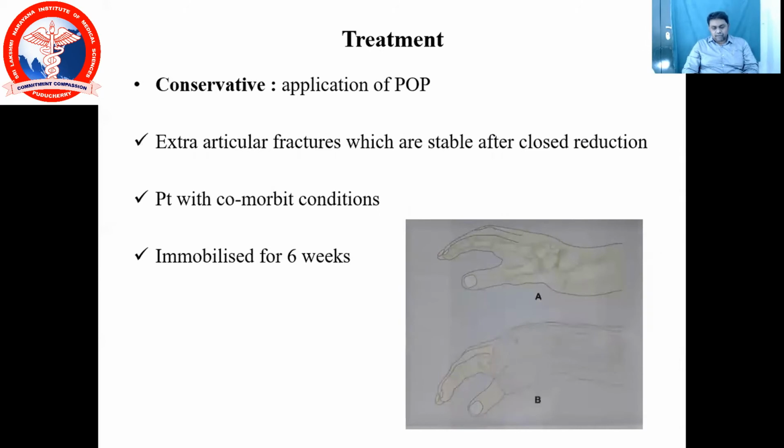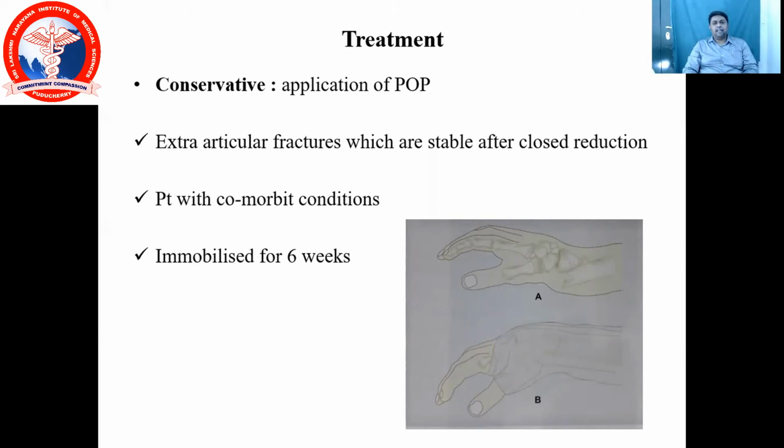Treatment. Whenever you come to a fracture, there are two lines of treatment: the conservative line of treatment and the surgical line of treatment. The conservative line of treatment is nothing but closed reduction and application of a POP slab for about 6 weeks for the fracture to unite.